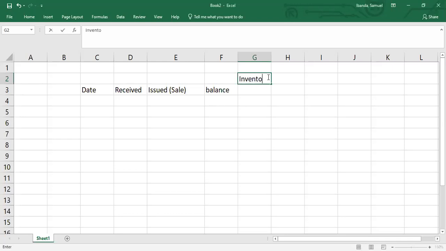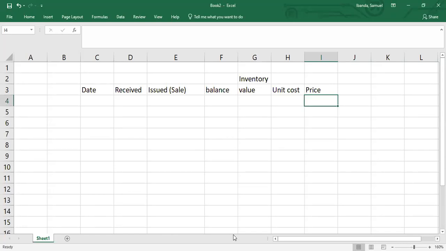We can have the unit cost, and then we can also have the price. I just want to demonstrate something with what we have.